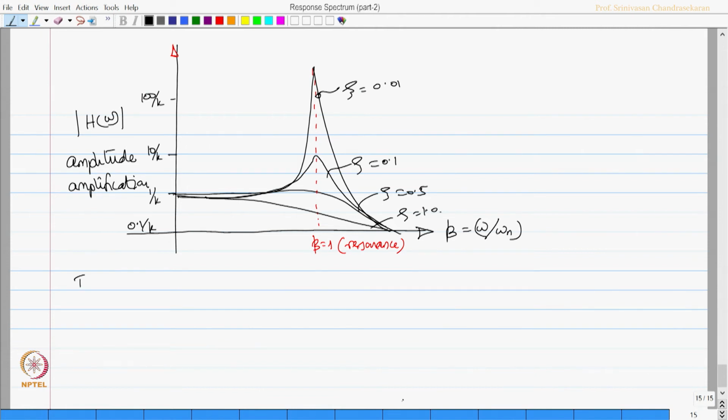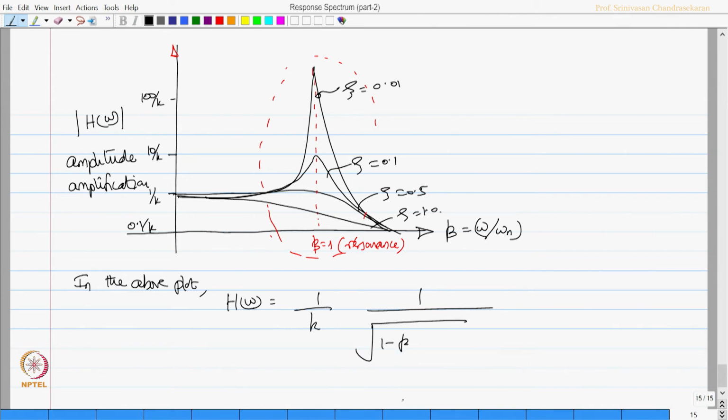So, friends, in the above plot you can see that there is a narrow band focus at resonance, which is the main contribution of the integral, and h omega is simply 1 by k, the dynamic amplification factor, which we also discussed in the last lecture.